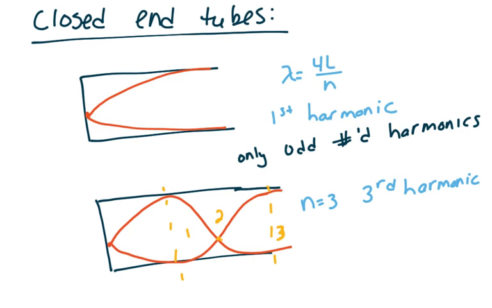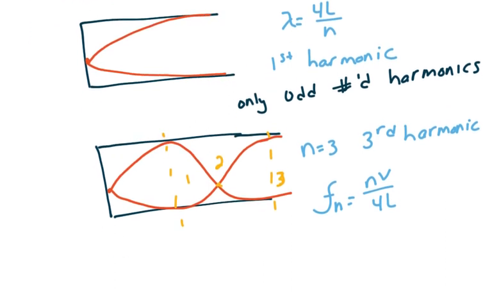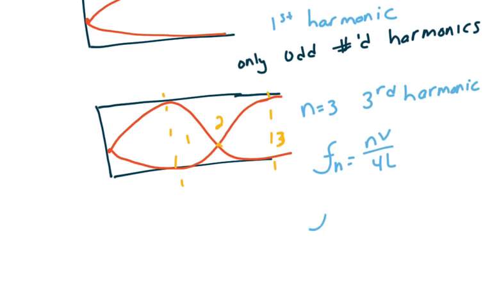That would work also. Everything else is the same, other than there is an equation on your equation chart that has this 4L in it. So keep that in mind. These can only have odd numbered harmonics, but you can still find the frequency for any harmonic by taking n times the fundamental frequency.